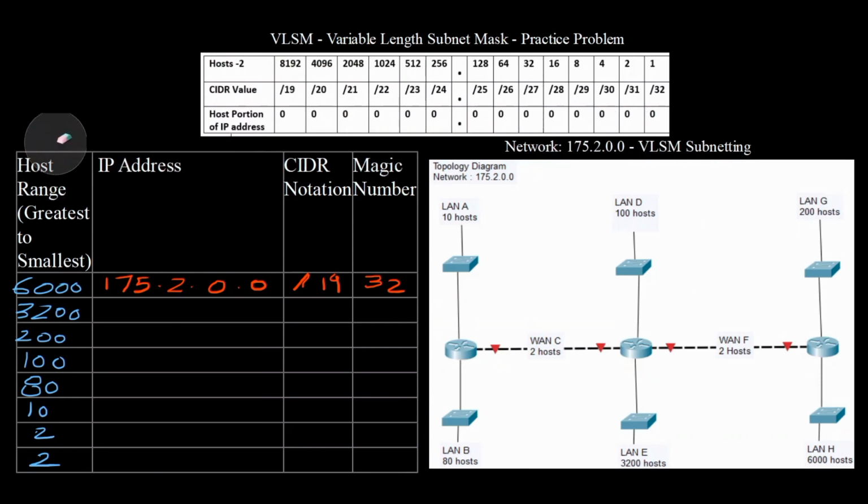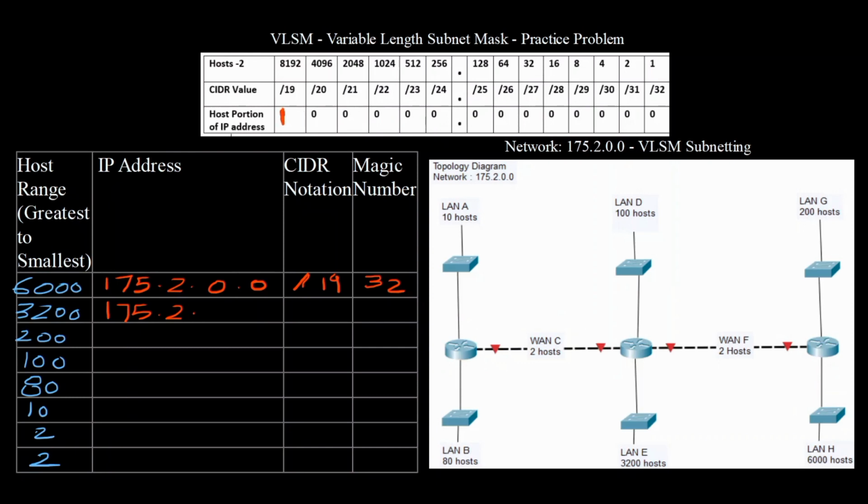Now we are going to use this magic number. It's going to be useful to determine the IP address for our next local area network. Here obviously we worked on the third octet, since the CIDR value 19 is located within the third octet of our host portion for the IP address.